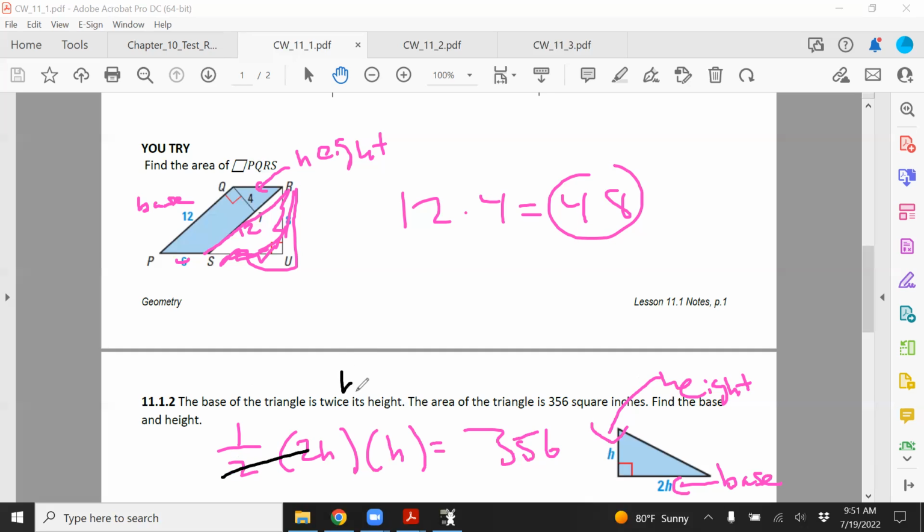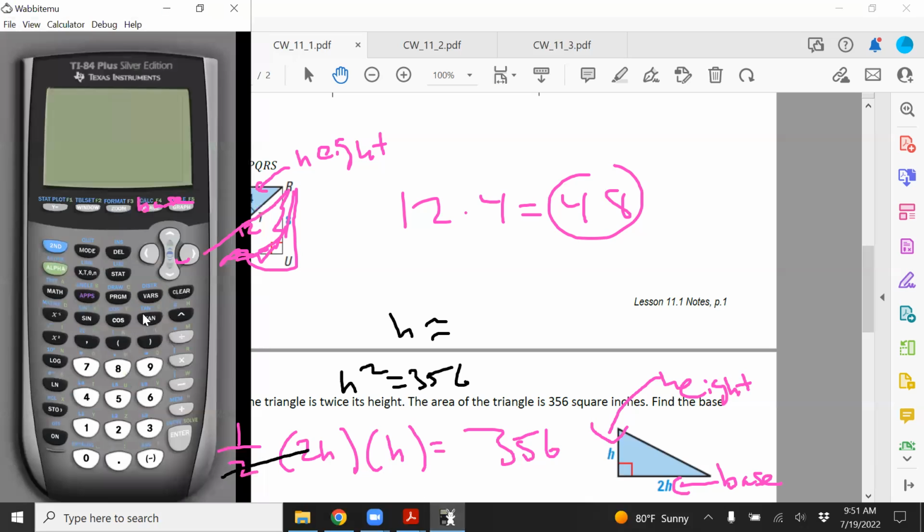Those cancel. H squared equals 356. And what's root 356? Yeah, kind of a weird number. 18.9. And make sure you label units. 18.9 inches.